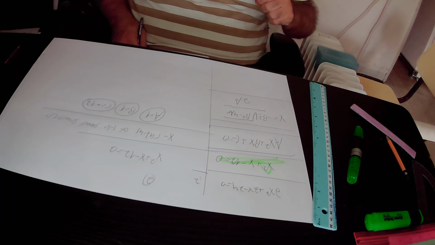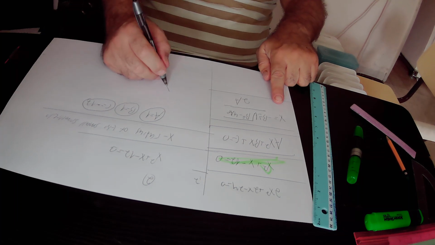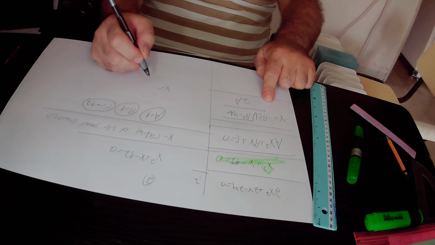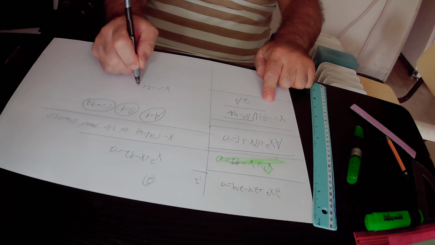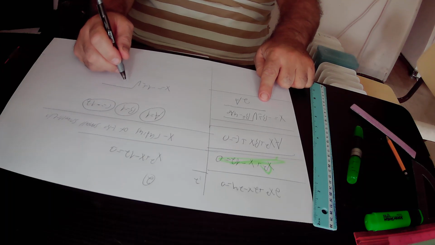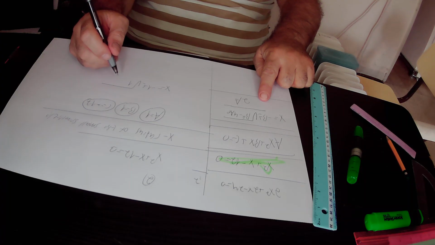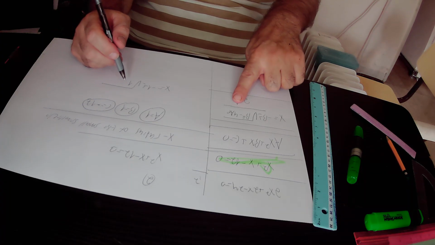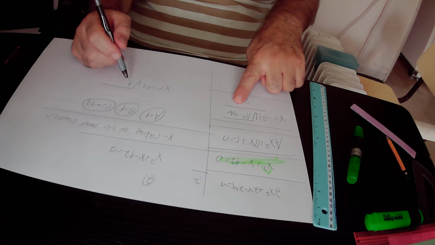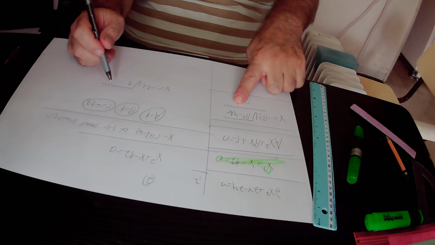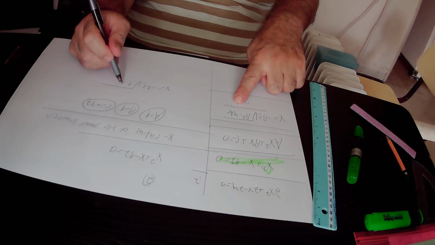So we'll do it now, and we get that x equals minus b. b is 1, so minus b is minus 1, plus or minus the square root of b squared. b is 1, so b squared is 1 squared, that is 1, minus 4 times a times c. a is 1, so minus 4 times 1 is minus 4, times c. c is minus 12, and minus 4 times minus 12 is plus 48.